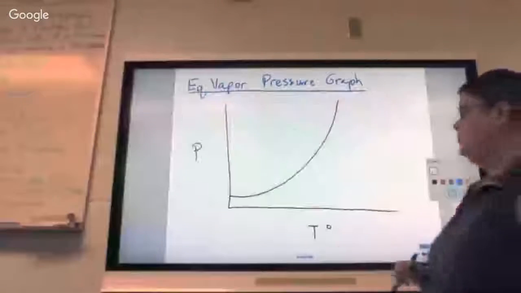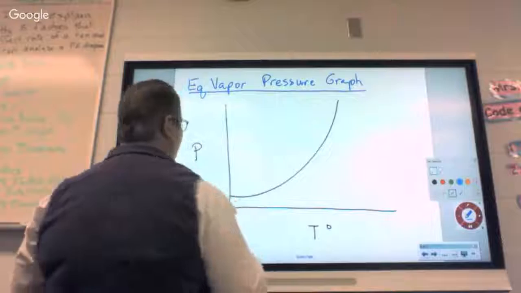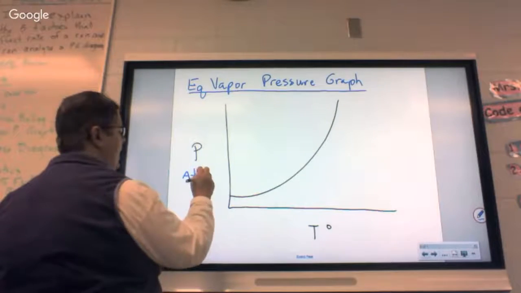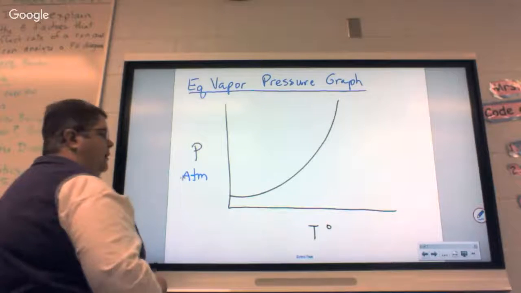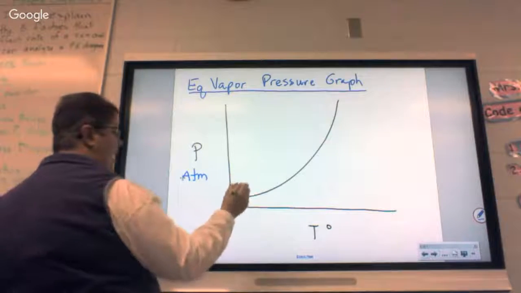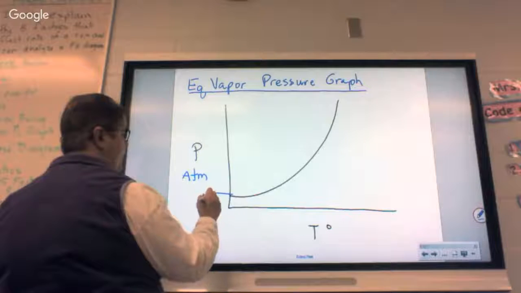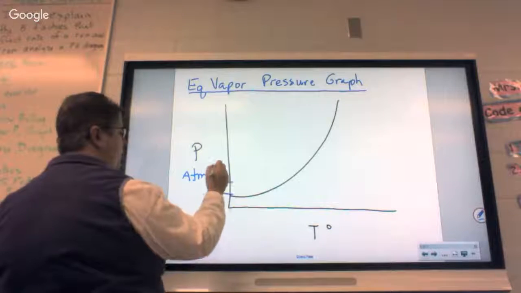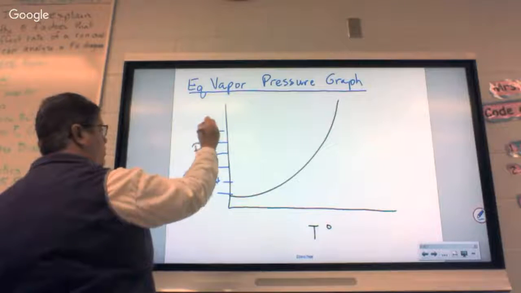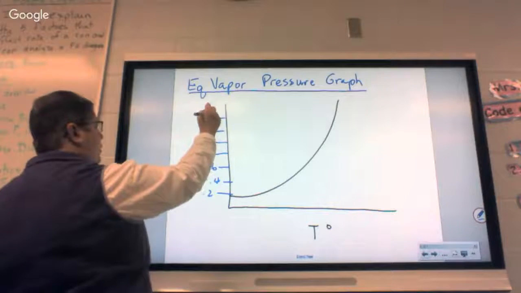All right, so if I cruise back over here. Let's just say that this graph reads in atmospheres, which is the most common unit you're going to find. Not always, but let's just say this one is. So if this graph is labeled, let's say, 0.2, 0.4, 0.6, 0.8, 1, 1.2, 1.4.